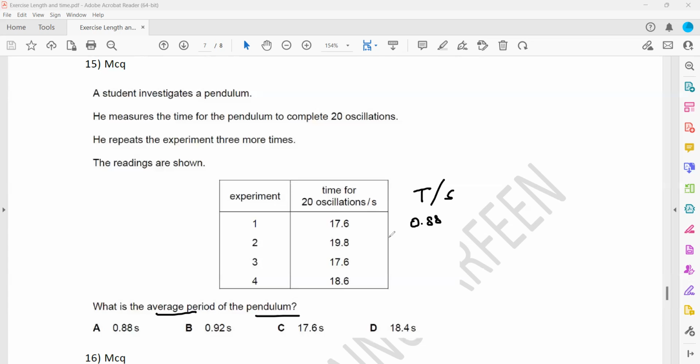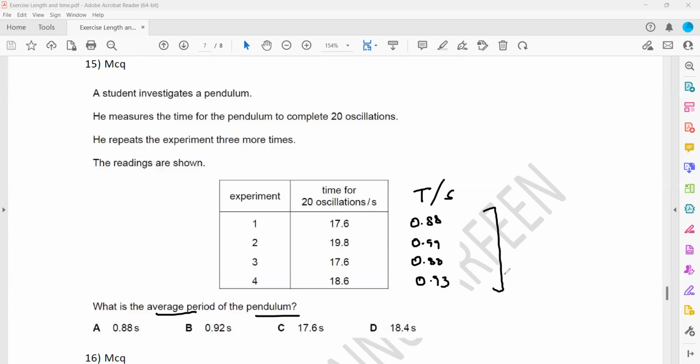Then 19.8 divided by 20. Why are we dividing by 20? Because there are 20 oscillations. So this is 0.99. 17.6 divided by 20 is again 0.88. And 18.6 divided by 20 is 0.93.